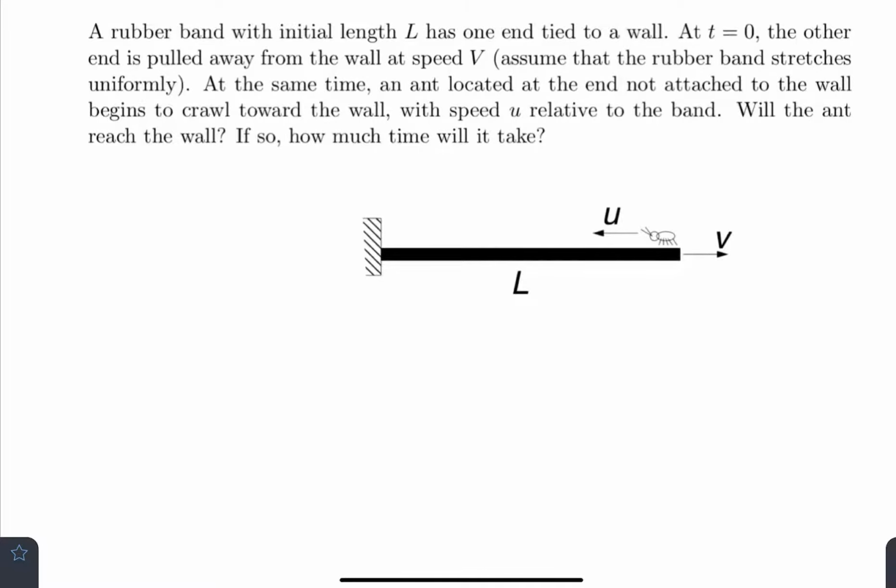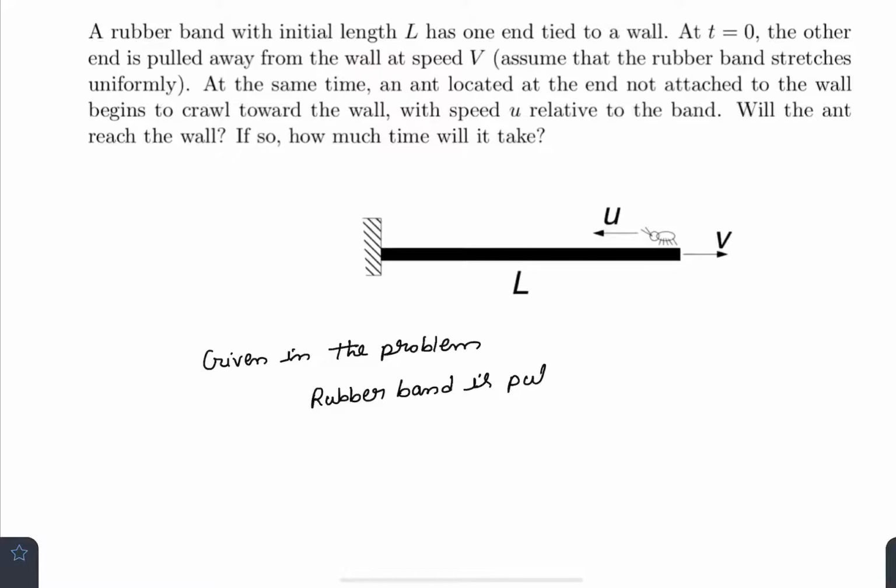So, given in the problem, a rubber band is pulled with constant speed v.